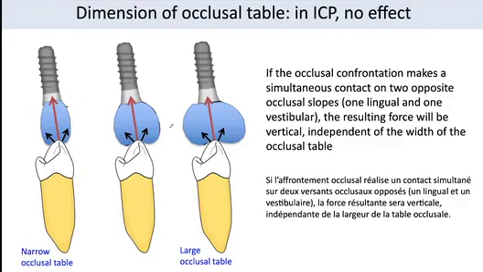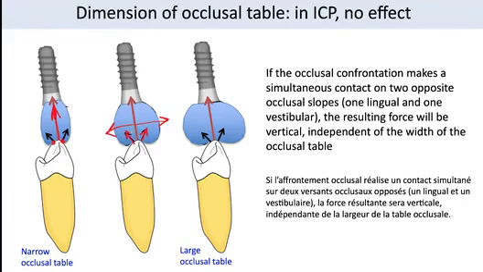Concerning the contact, if you have opposing contact on a buccal cusp and on the lingual part, the direction of the force is along the red arrow. So it does not depend on the dimension of the crown. It depends on the opposition of contact.